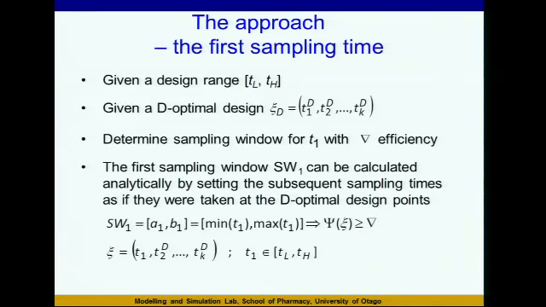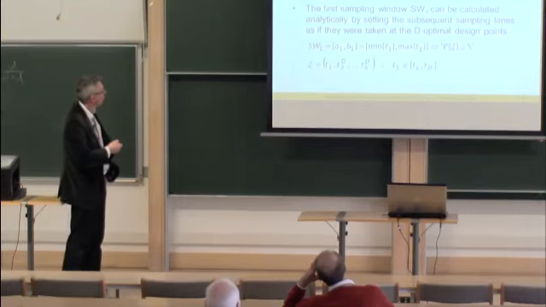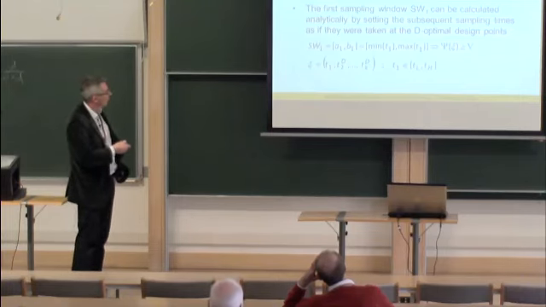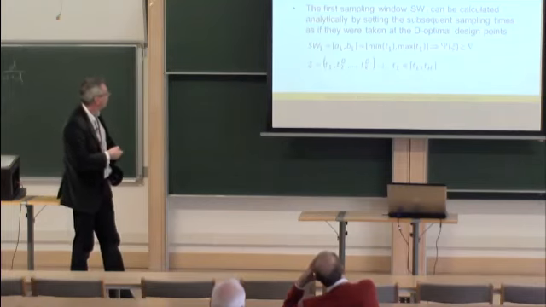So if we have a design in the range of the low to high values of time, I'm just using time again, and there's a D-optimal design which exists within that range, with K samples, and these are all the D-optimal samples. And I can determine the sampling window for the first time point with an efficiency of greater than the symbol.